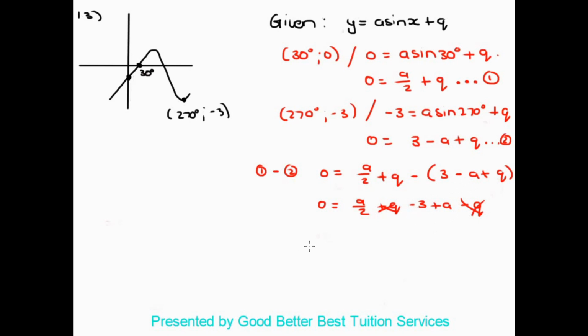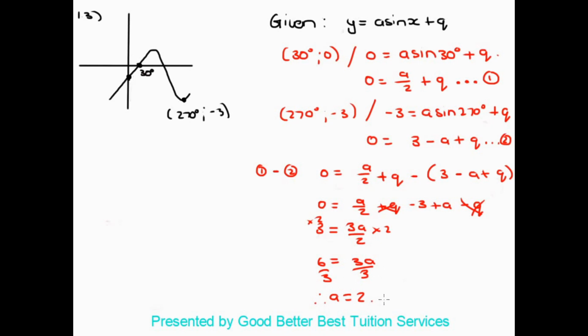And then we'll take this 3 over to leave the a's by themselves, so this will be positive 3 on this side, and we have a over 2 plus a, so that's basically saying a half plus 1, which gives you 3 over 2, so this will be 3a over 2. Now we need to isolate a, so we're going to times by 2 both sides, so we get 6 is equal to 3a, and to get a by itself we divide by 3, and so therefore a is going to be equal to 2.